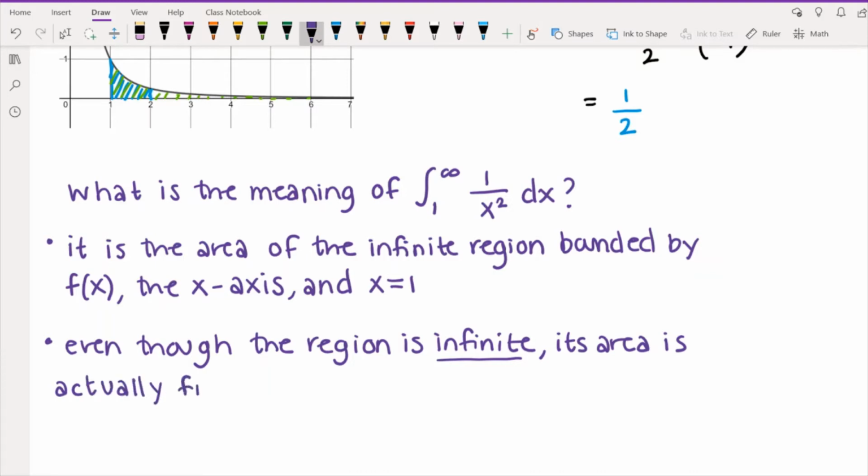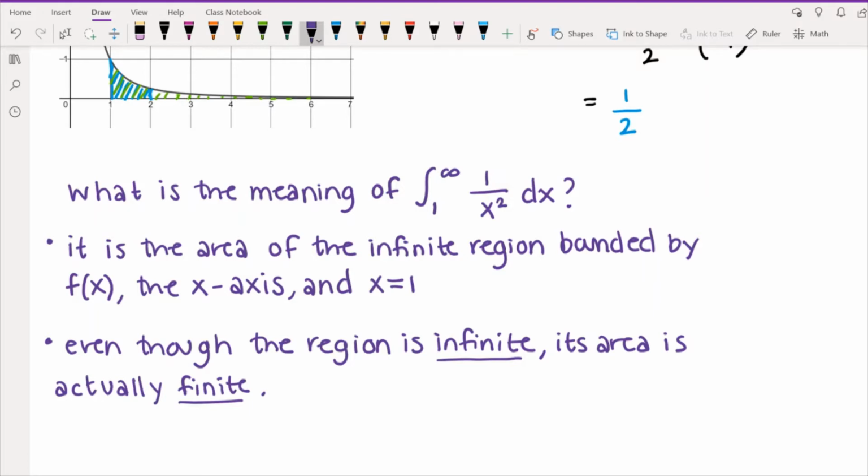And so we'll see this doesn't happen in every situation. So we're going to be looking all throughout this video at integrals where one of the bounds is either infinity or negative infinity. And we'll see that for some of them, you actually still get an infinite area. So you'll have an infinite region with an infinite area. But in some cases like this one, you have an infinite region that actually has a finite area.